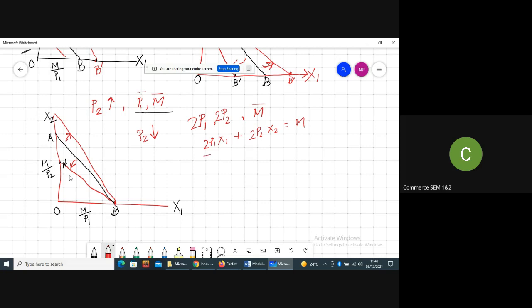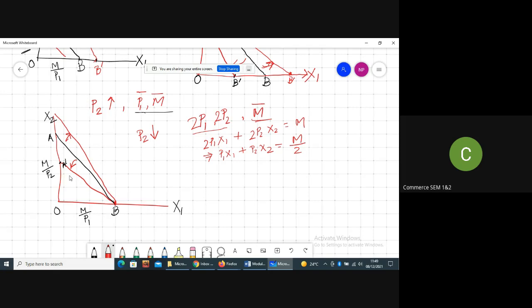So if you rewrite it, you can write it P1 x1 plus P2 x2 equal to m by 2। So price double হয়ে যাচ্ছে when both the prices of the two commodities are doubled, keeping your money income constant.